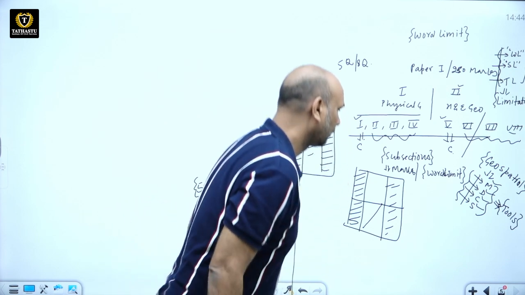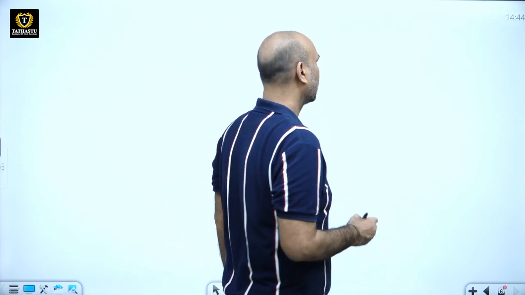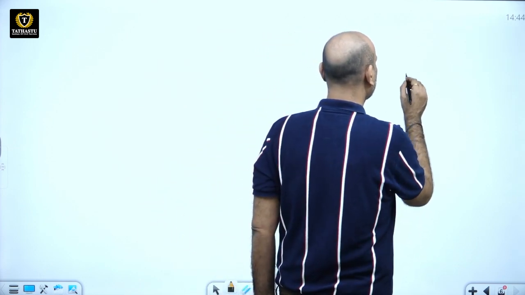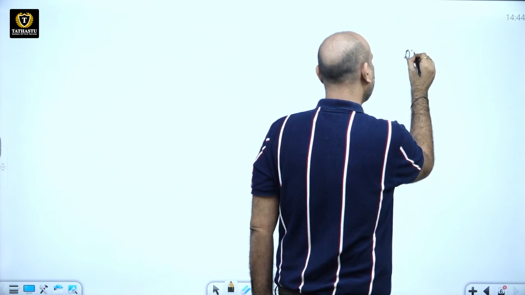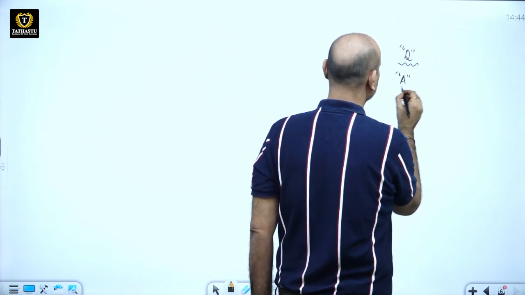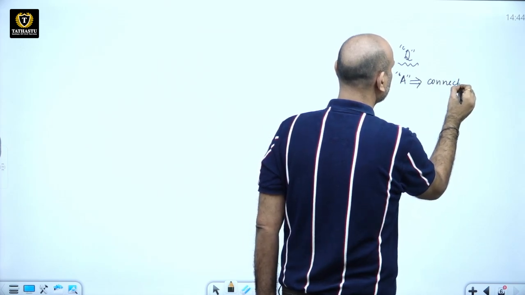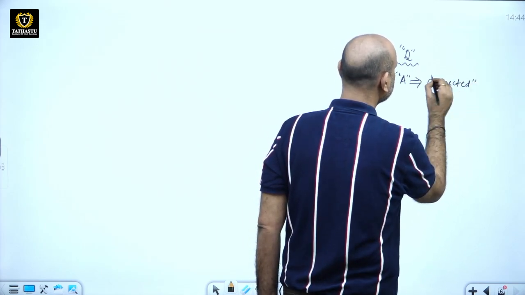Now these are the tricks of the answer writing from my side. First, if there is a question, so in the light of question, we need to attempt our answer. So answer must be connected with the question.